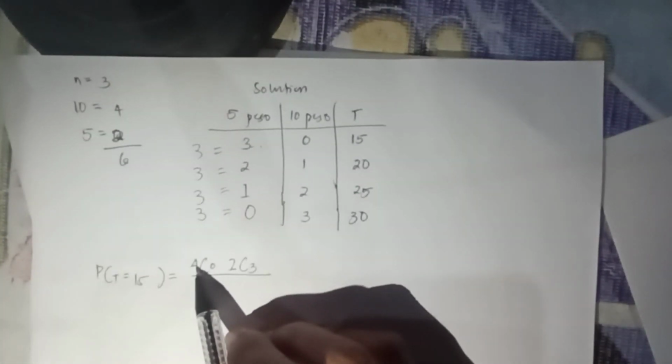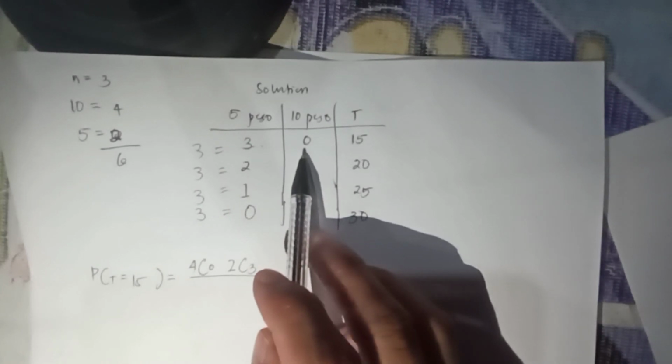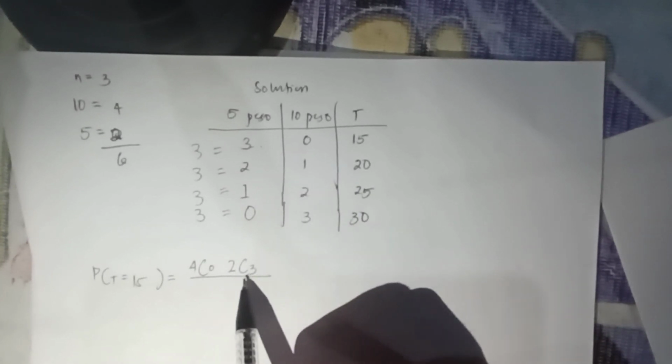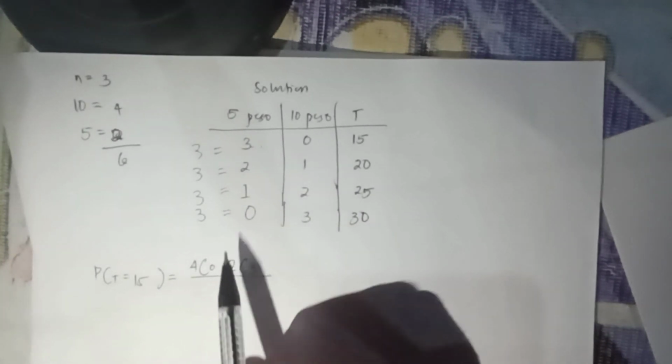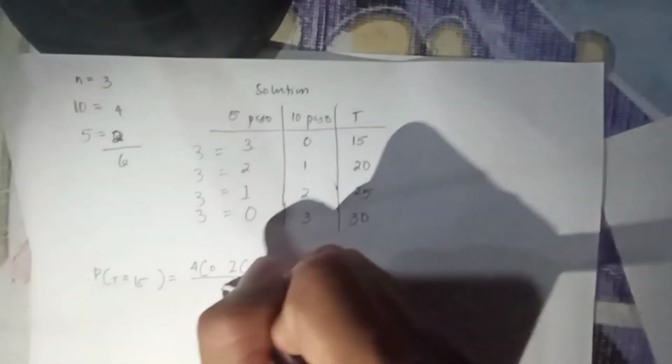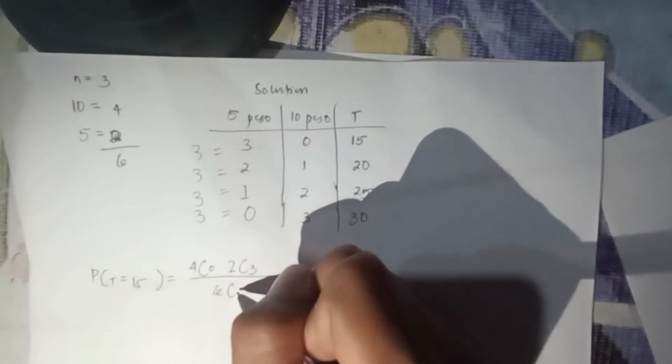If you substitute, the value of your 10 peso coin is 4 choose 0, and then your 5 peso coin, 2 choose 3. The 4 is your 10 peso coins, and the value of the 10 peso coin in the 15 total would be 0, and your 5 peso coin would be 3, over the total number of coins 6 choose 3, the n.